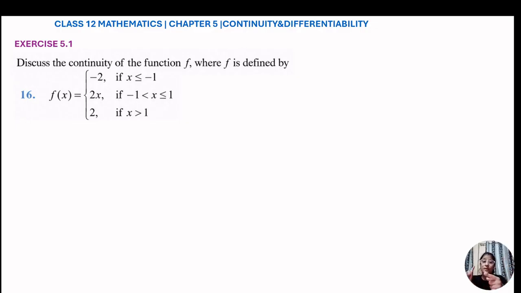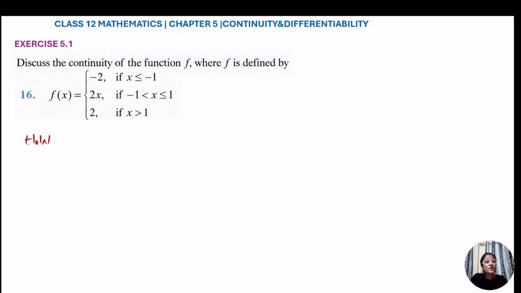I am not going to make its graph either, because it's homework for you, to apply what we did in question number 14 and question number 15 to question number 16. In question 14, I explained the theoretical part and also the graph, and in question 15, I explained the graph part. Whenever you see the same type of question in your exercise, you can think it is an important kind of question.